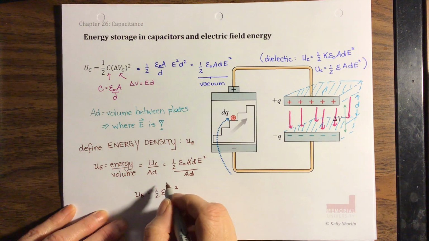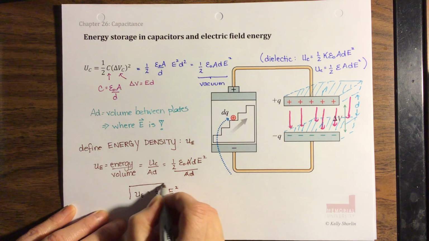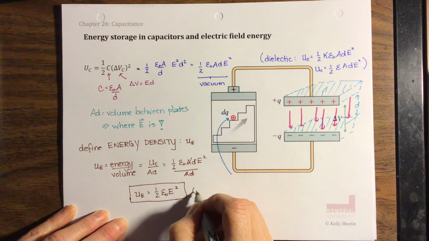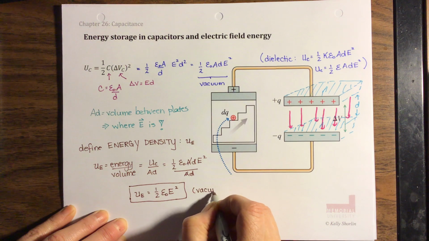I think this is actually a pretty interesting result. Now we used the expression for the electric potential energy with nothing between the plates, so this expression is for a vacuum.